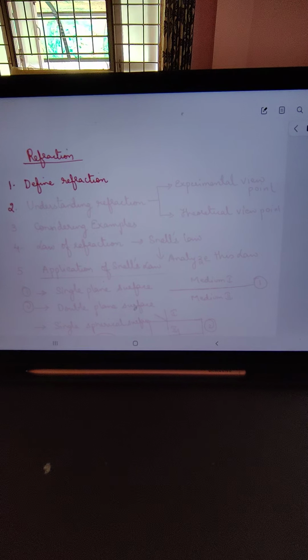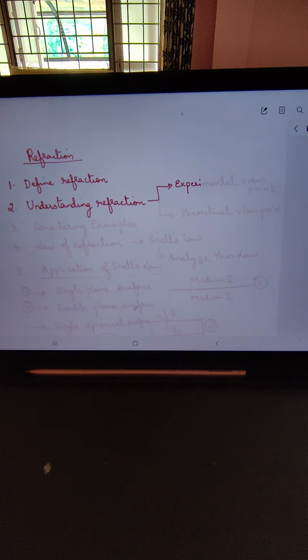Then, after defining refraction, we need to understand it. So next is the process of understanding refraction, both at the experimental level and from the theoretical viewpoint.